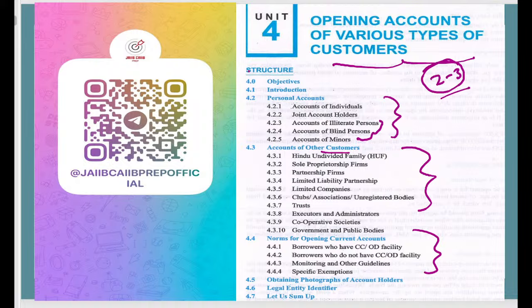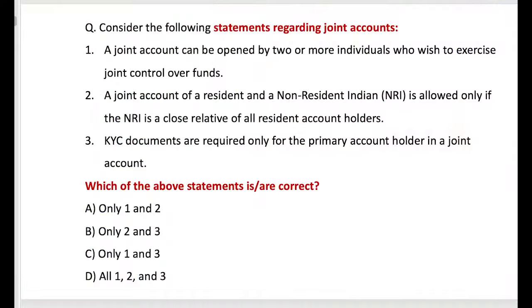Next one. Okay, unit number 4, opening accounts of various types of customers. Here we have personal accounts, other accounts, companies and all, and norms for opening current accounts and other areas. Again, lots of content is there. Let's go. First question, guys. Which statements regarding joint accounts are correct?